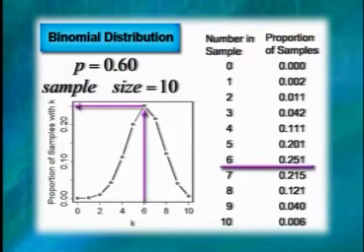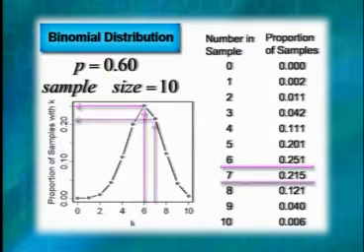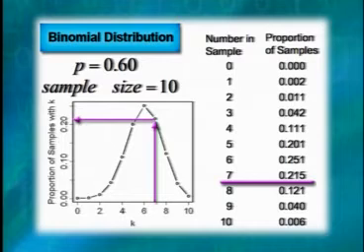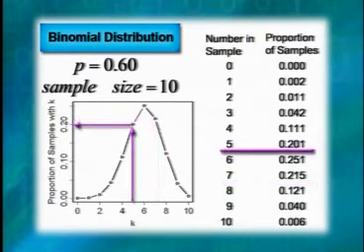There'd be about 25% of the samples of size 10 that would have exactly 6, but 7, we'd have about 22% would have exactly 7, and we'd have about 20% that have exactly 5 among samples of size 10. And here we actually have them.